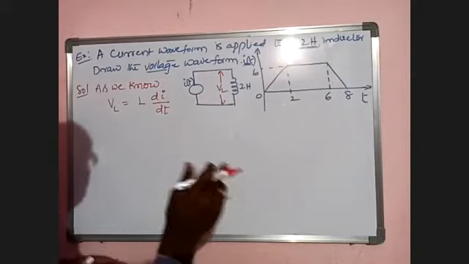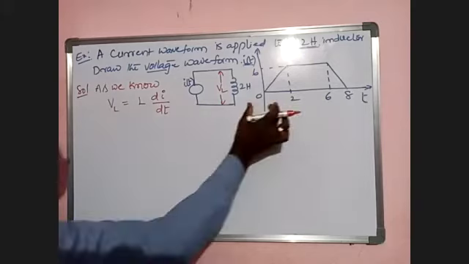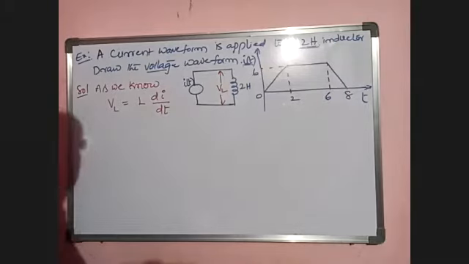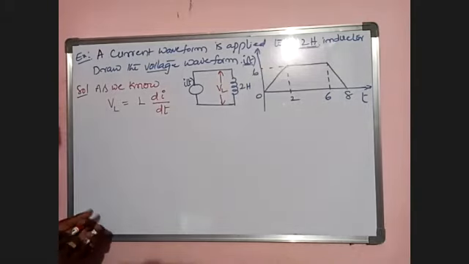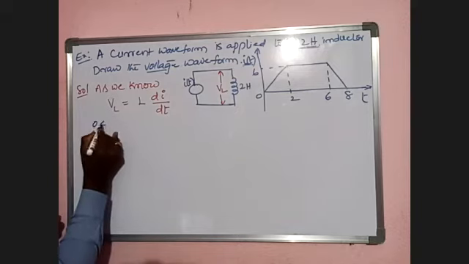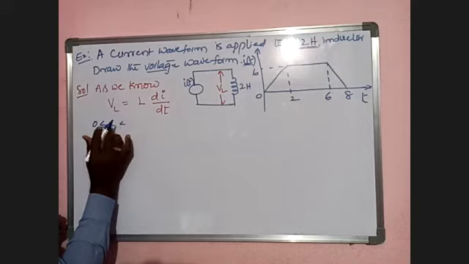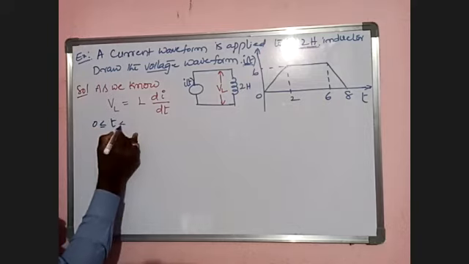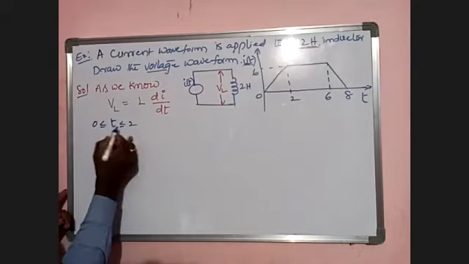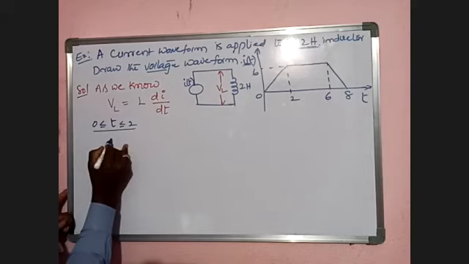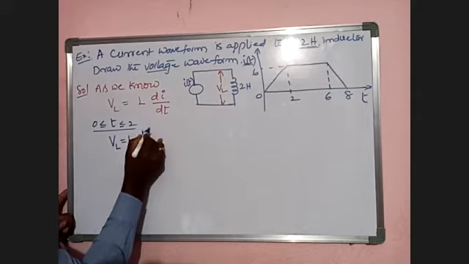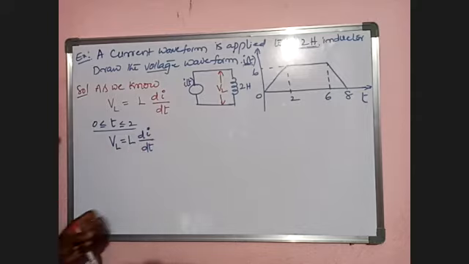So you need to find VL of t between 0 to 2, 2 to 6, and 6 to 8. Let us consider first 0 less than or equal to t, less than or equal to 2. In between these two points, what is VL? It is L into di by dt. What is di?